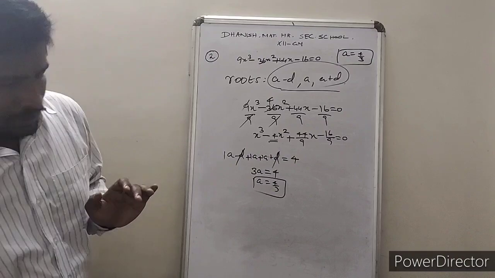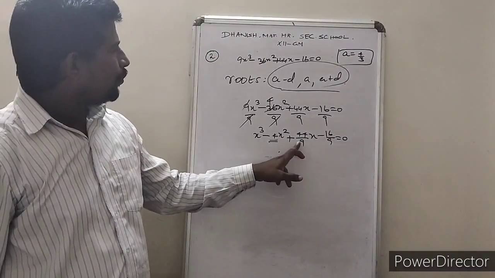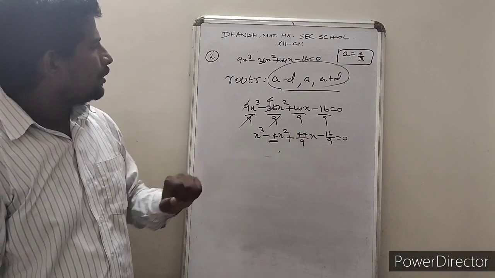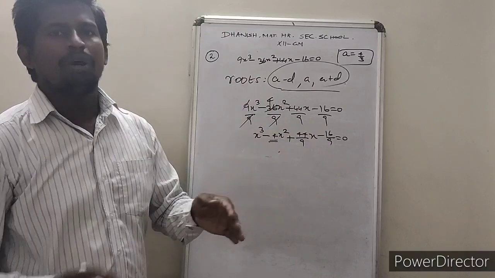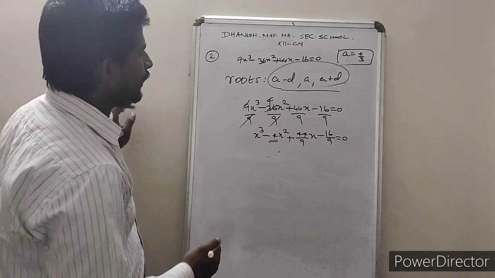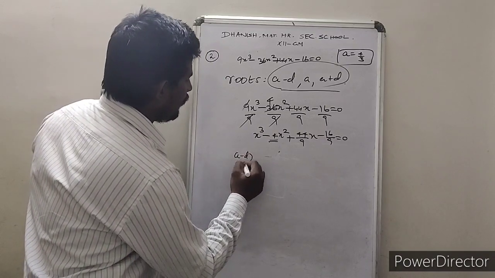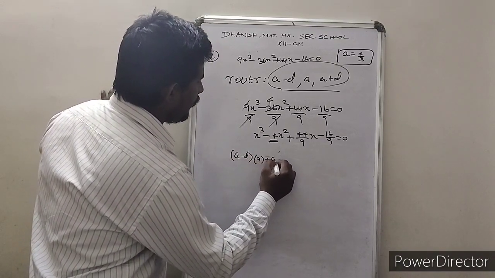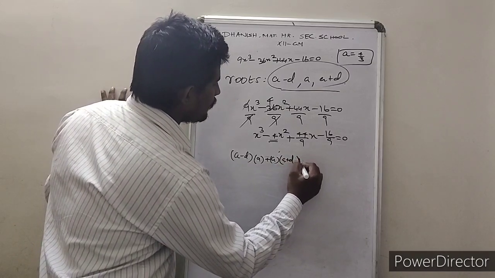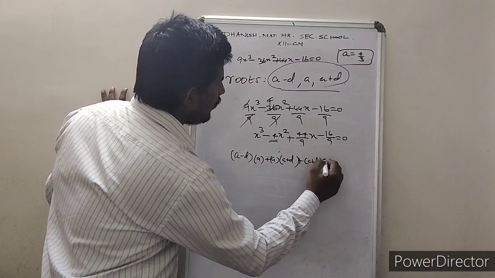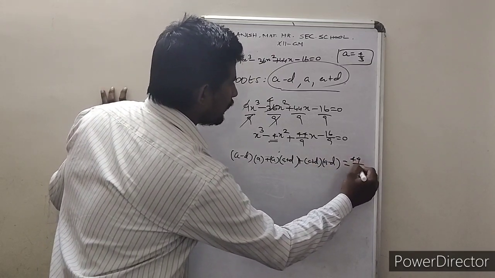Then this 44 by 9 is the value of the sum of products of roots taken 2 at a time. So what will happen? a minus d into a, plus a into a plus d, plus a plus d into a minus d equal to 44 by 9.